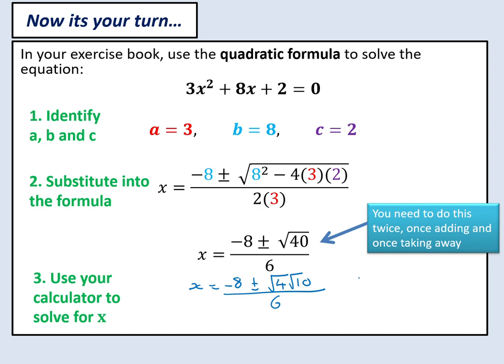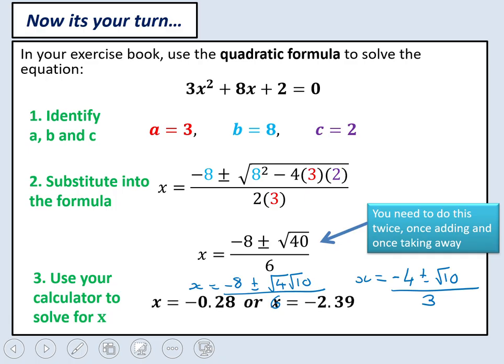That also tells me that square root of 4 is 2, so I can divide everything by 2. So negative 8 divided by 2 is negative 4, plus or minus square root 10. 6 divided by 2 is 3. The final step is putting this into the calculator to actually be able to graph it effectively. Again, make sure you write your points using those two values.